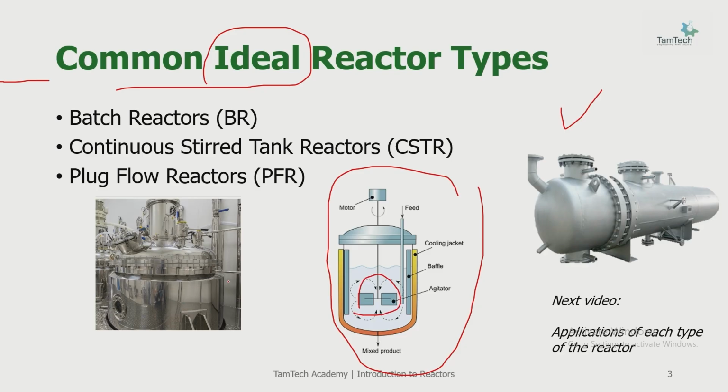And we have the BR, batch reactors, used in the pharmaceutical industry and the food industry. It is also very commonly used, especially in plants with typically lab scale operations, which sometimes use batch reactors as well. From this slide we have discussed the three main common ideal reactor types.